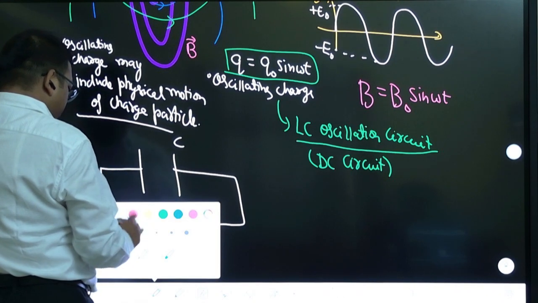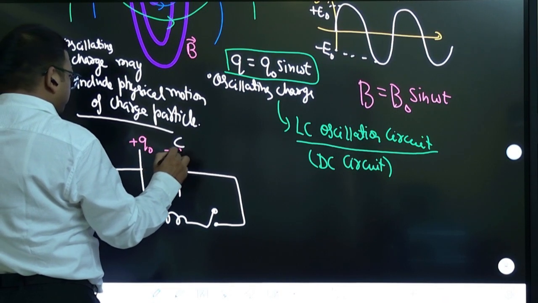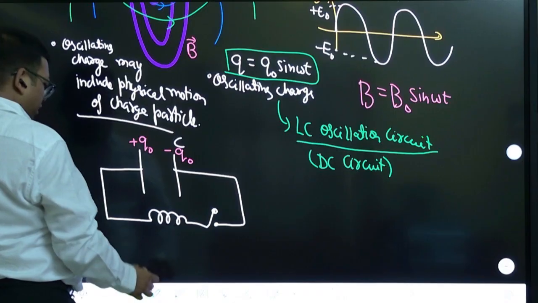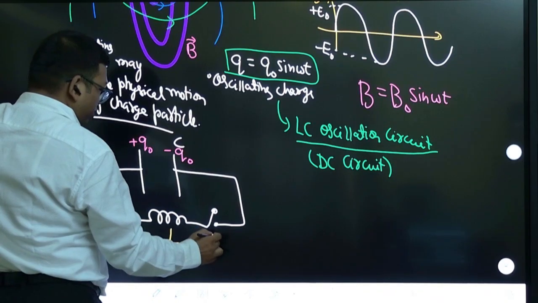Right now, the capacitor is fully charged. It has a charge of plus Q naught and minus Q naught. This is an inductor, inductance L. This is a switch.